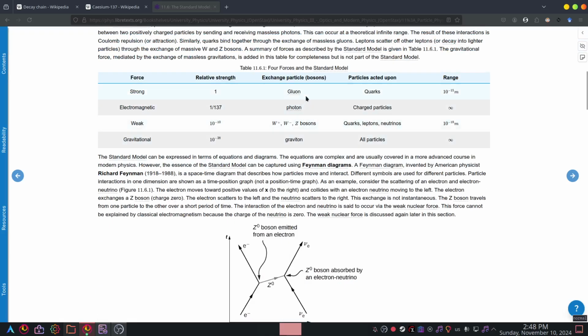Now you talk about gluons, photons, bosons, and gravitons. All these are physics stuff that I guess the nerds are talking about. And I guess by definition, because I have a PhD, I'm a nerd as well. But this is, to be fair, not my specialty. I can tell you a little bit about it, but I will not be able to tell it to you as well as someone who does a full physics degree.